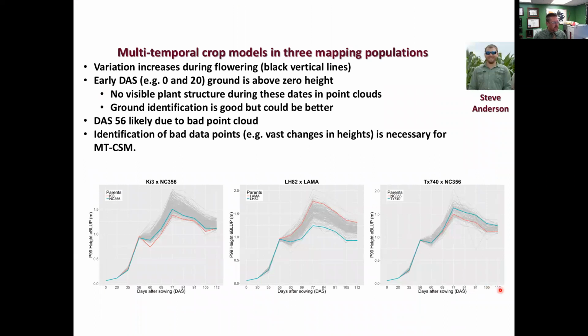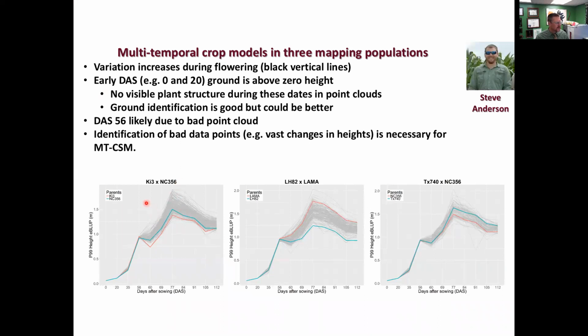Now, Stephen also used this in a genetic mapping population. So remember, we talked about QTL linkage mapping populations, GWAS, and now genomic selection. This is a biparental population, or in this case, 3 biparental populations. And in this case, you can actually see the 2 parents, and then you can see the transgressive segregation of their progeny.